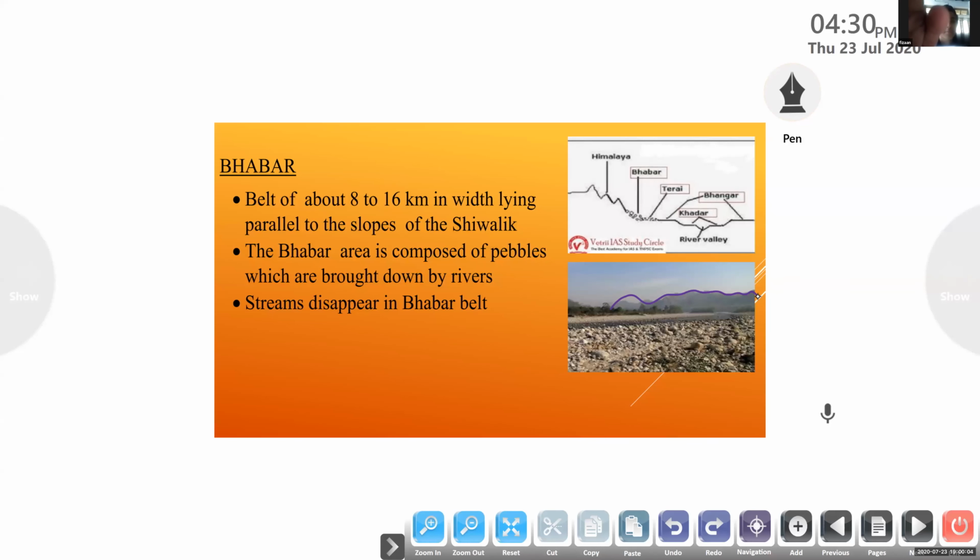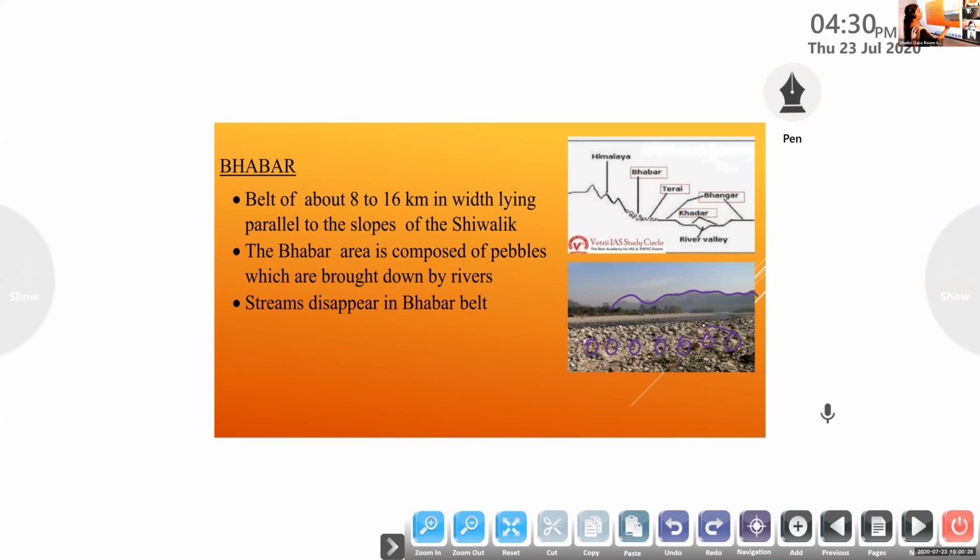Clear? Otherwise I'm sending notes. This is the Shivalik mountain range. At the foothills of Shivalik, foothills means the lower part of Shivalik, you can see pebbles, right? And you can see a wet part. One side of these pebbles is wet.